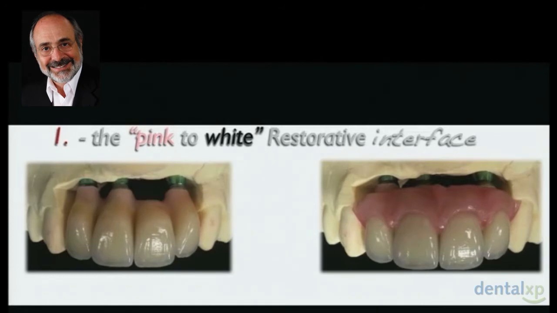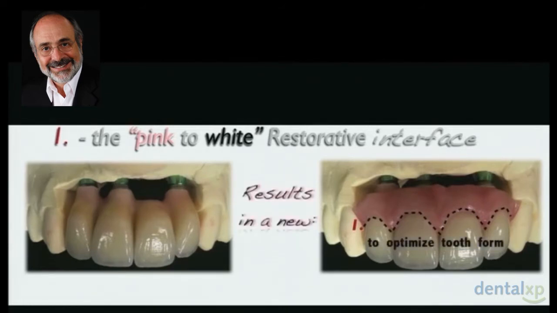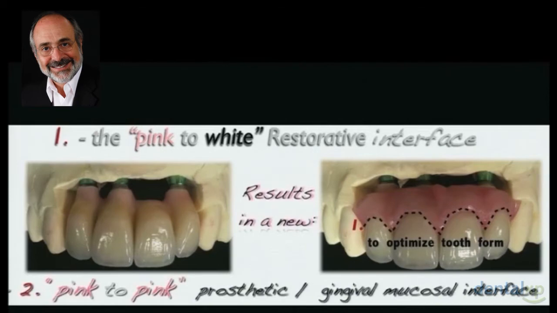You get a pink-to-pink interface. So this is the pink-to-white interface. It gives you optimal tooth form, as good as you can get. And now you have a new interface, which we call the pink-to-pink interface, which is up here.